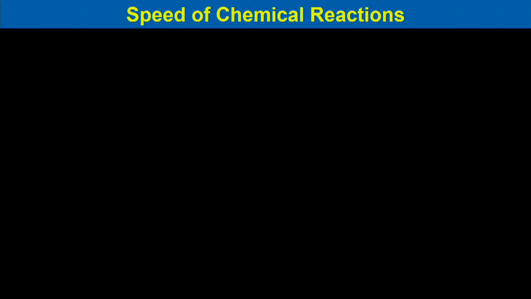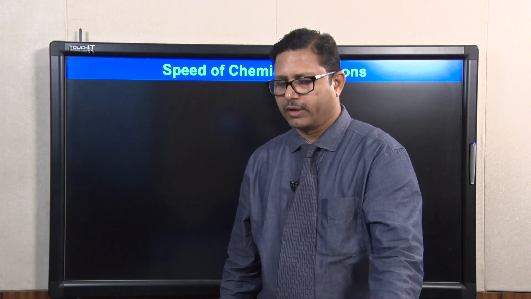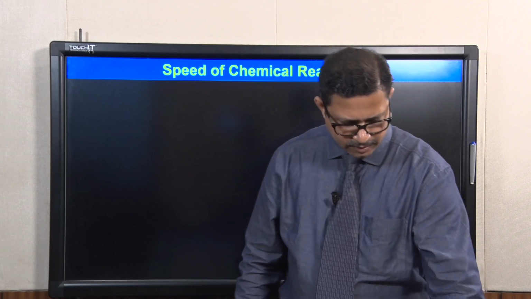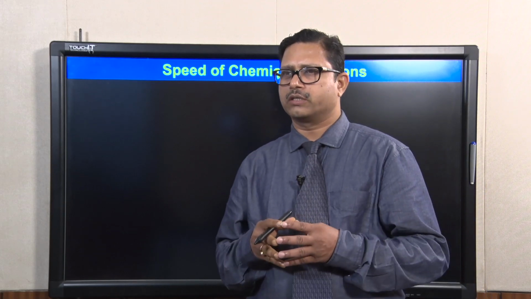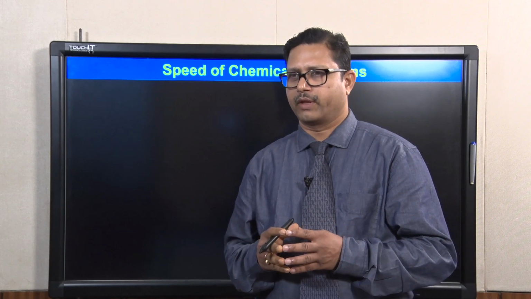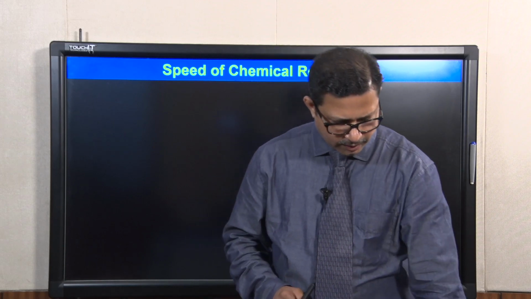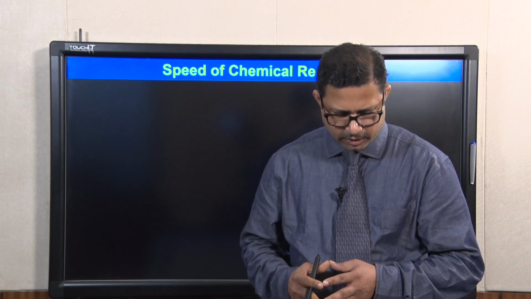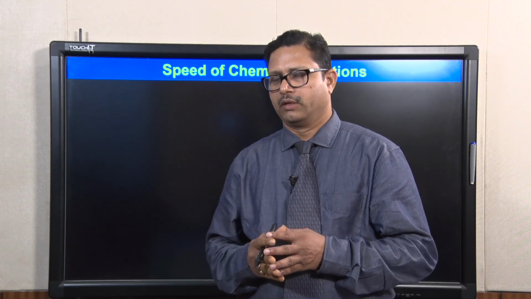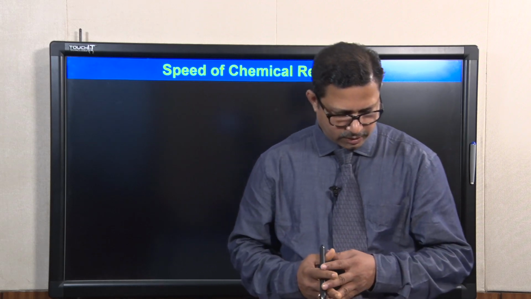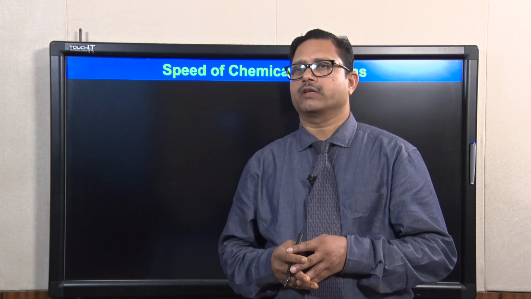Now, let us look into the speed of chemical reactions. As you know, there are some reactions which occur very fast, like the reactions of petroleum production, that is production of gasoline from crude oil, or the production of plastics, that is polyethylene production. The reaction is very fast.